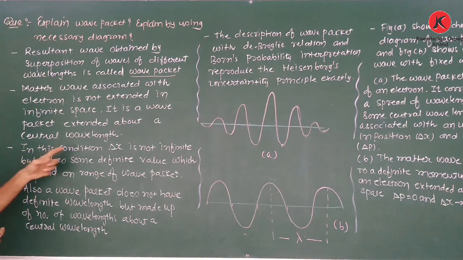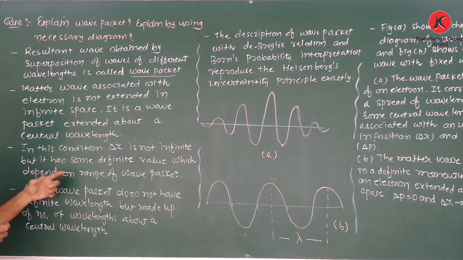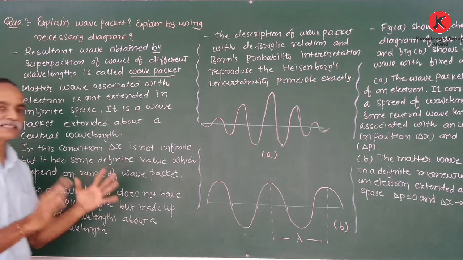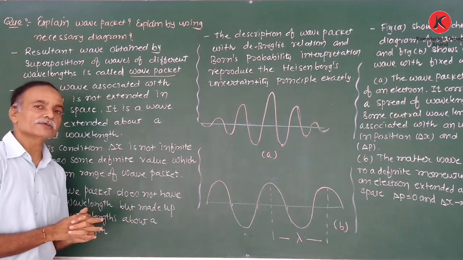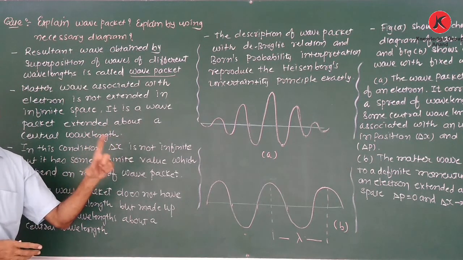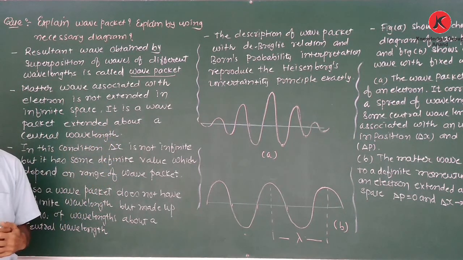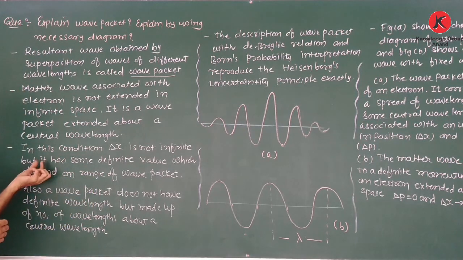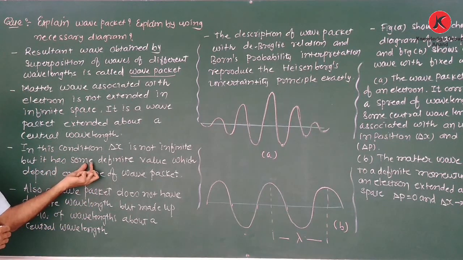In this condition, delta x is not infinite, but has some definite value, and this depends on the range of the wave packet. Due to the superposition of the waves, the amplitude of the wave now becomes fixed, therefore the position of a particle becomes a definite value, which depends on the range of the wave packet.